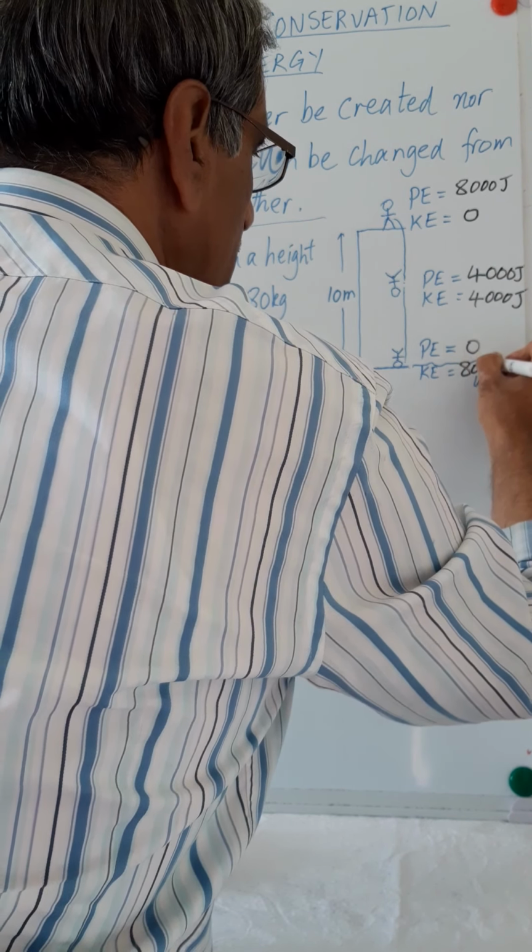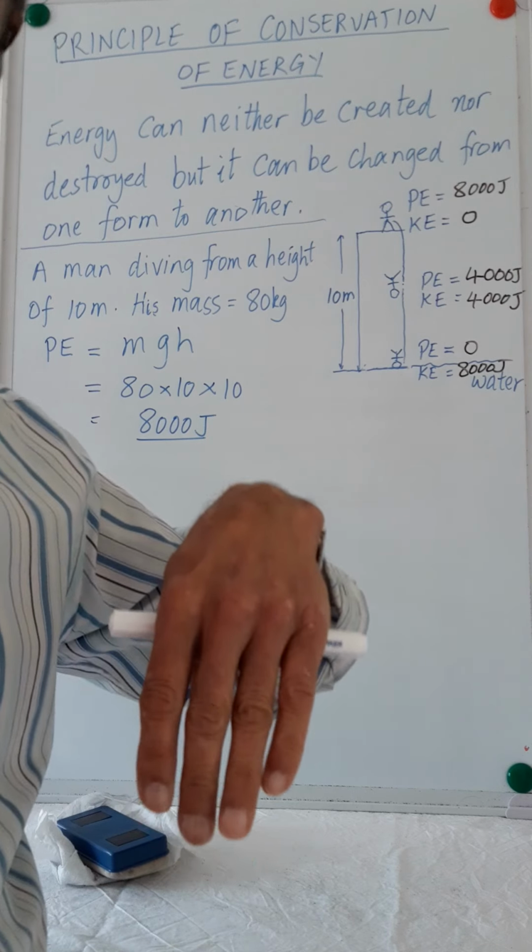Now what happens after he hits the water? All that energy is changed. What form has it changed into? Well, it changes into heat and sound. You'll hear a splash.